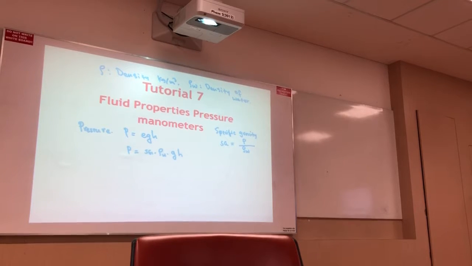P, pressure, is given by specific gravity times 1000 times g, which is 9.8, times h. So unit is Pascal, or P becomes 9800 times specific gravity times h.